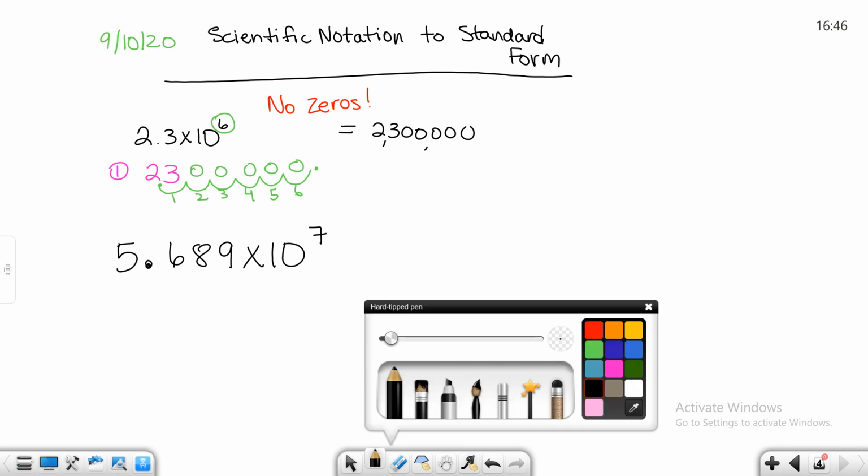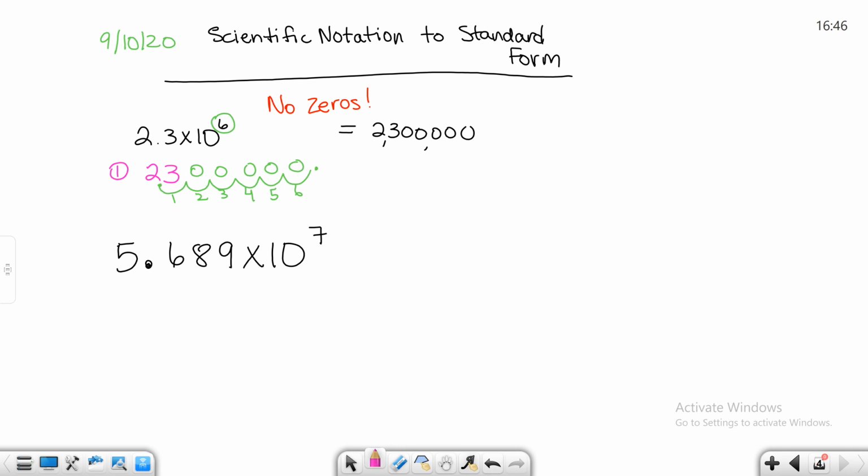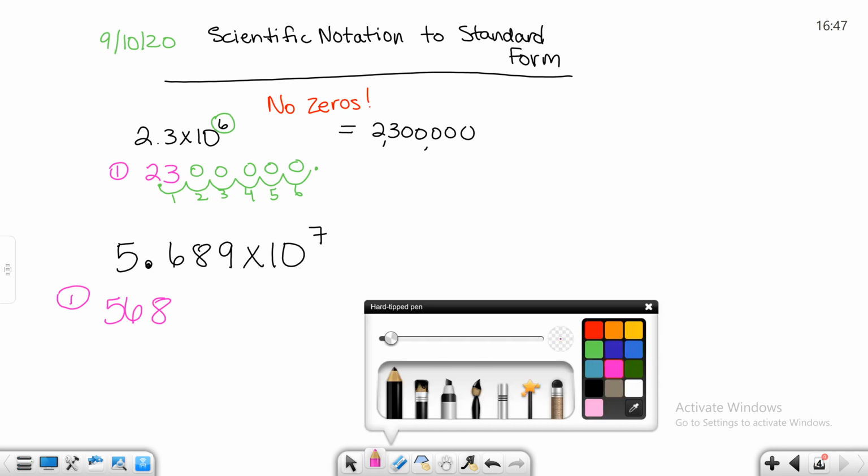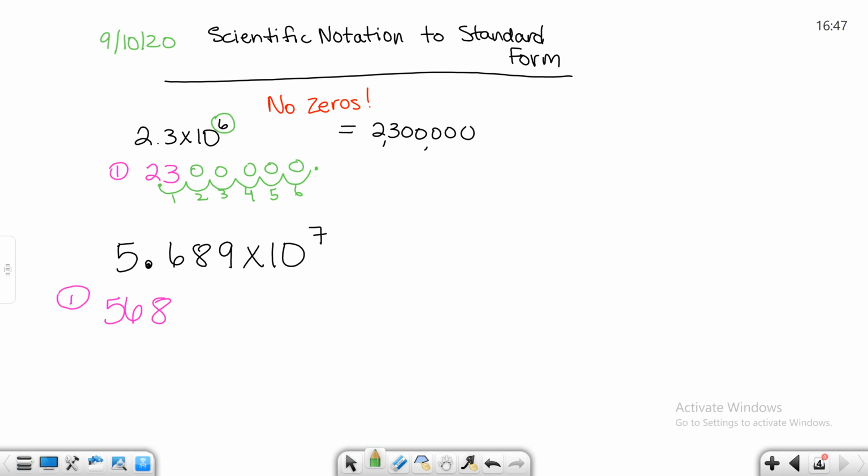All right, so I have to think backwards of what I did yesterday. First, I'm going to take off the decimal, 5689. But I'm going to keep in mind where it was at because I'm still going to need to know where that decimal was. And now I'm going to look at 7 place value.